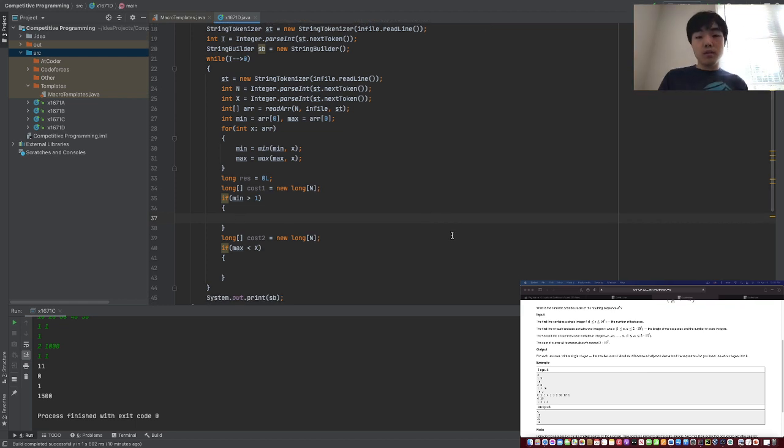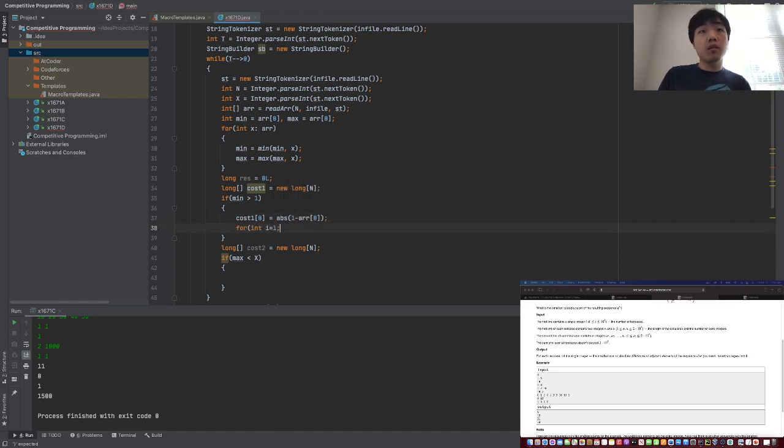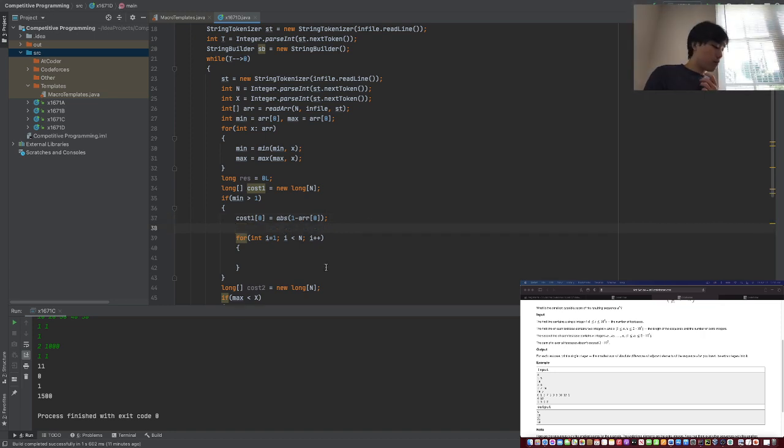So something that we could do is cost 1 at 0 is equal to the absolute value of 1 minus array at 0. Or it's like the cost of this prefix.